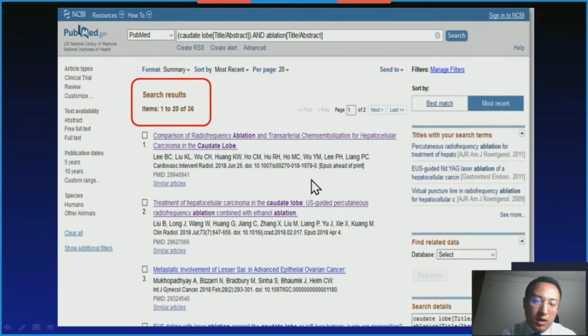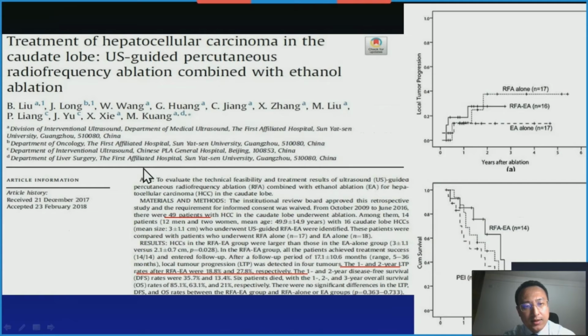And I searched on PubMed about the caudate lobe ablation, 36 papers published. And this study is from China. 49 patients with HCC in caudate lobe underwent ablation. The first and second year local tumor progression were 18.8% and 27.8%.